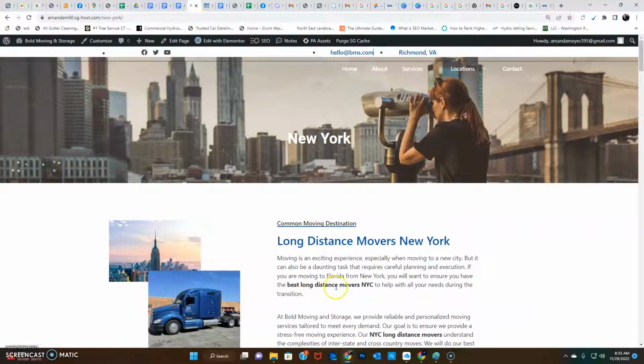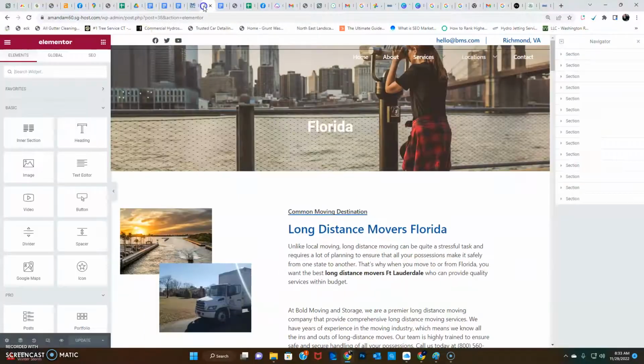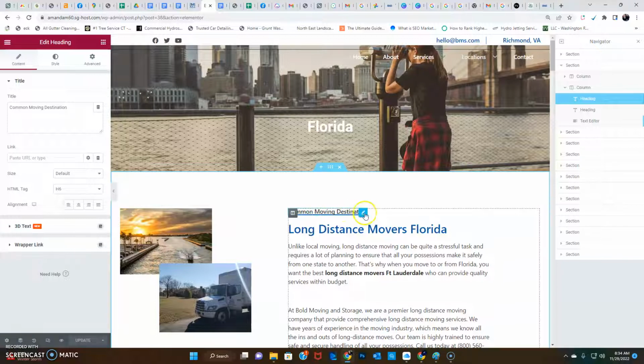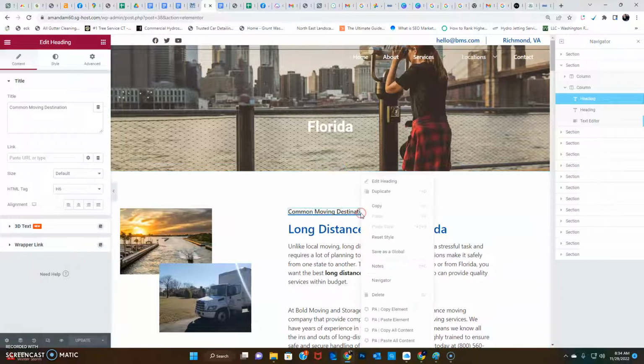See, here it's talking about a direct route from Florida to New York, right? And it being a common destination. Well, we're not talking about a common destination here. We're talking about long distance movers. So I would remove this altogether.